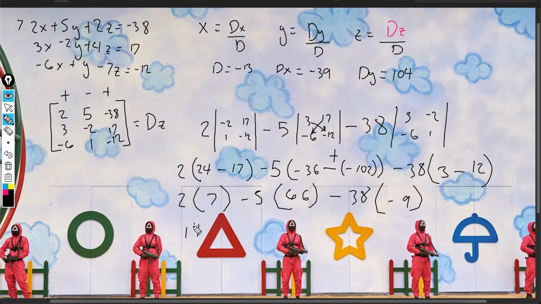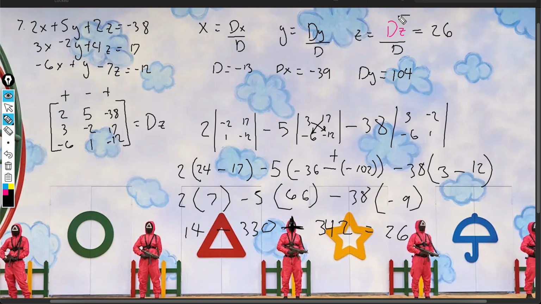That is 14 minus 330, right? That times that, negative times a negative is plus. Plus 342 equals 26. Wonderful.